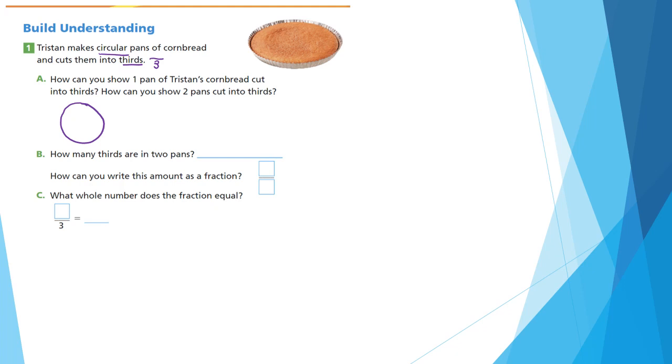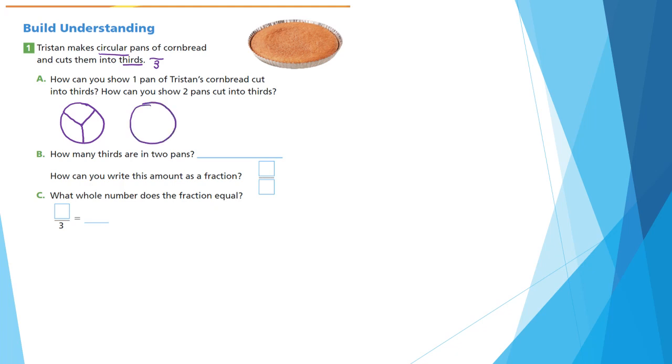So I'm going to try my best to make 3 equal parts in my model. Okay, so I think that's showing 1 pan of Tristan's cornbread cut into thirds. And now the second question is asking me how you can show 2 pans cut into thirds. Well, I just imagined that I would draw another circle that's the same size.